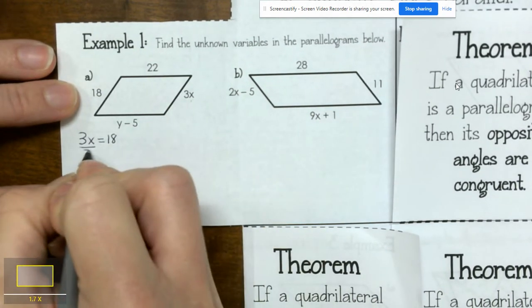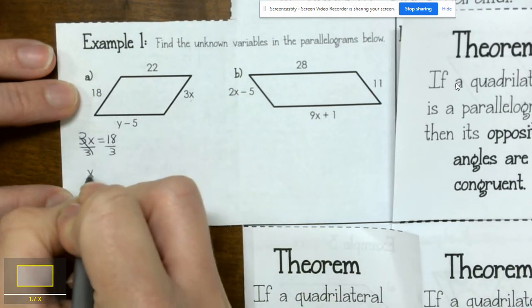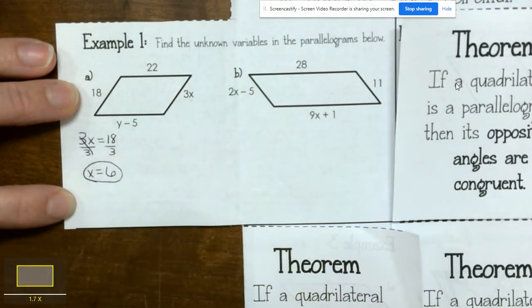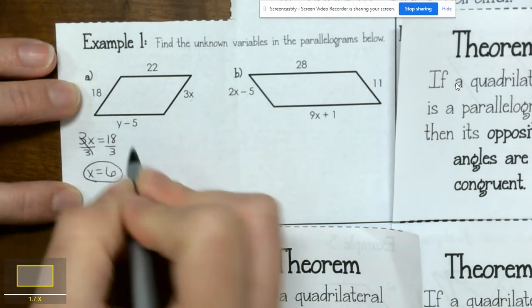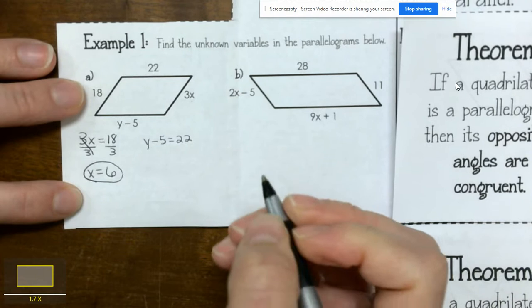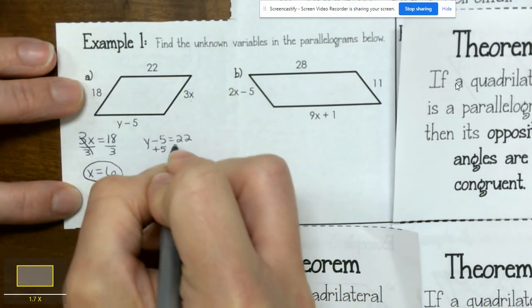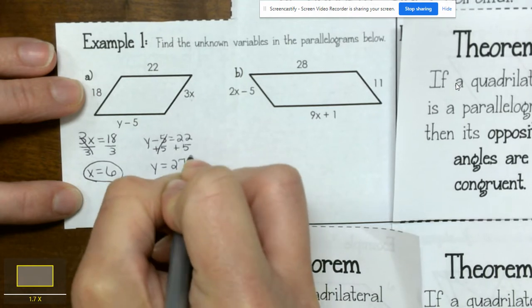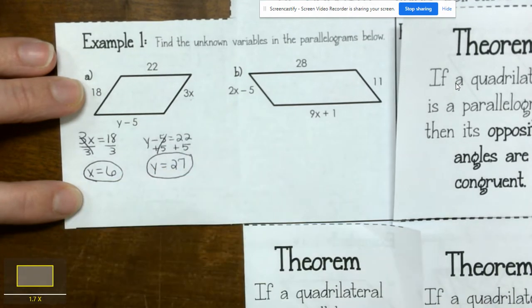To solve that, we divide by 3, and that gives us x equals 6. So my first answer is x equals 6. Then to solve for y, we set y minus 5 equal to 22. To solve for y, we add 5 to both sides, which gives us y equals 27. So our answer there is y equals 27.